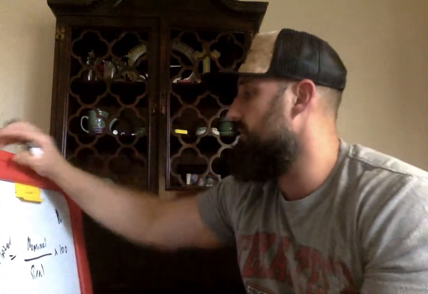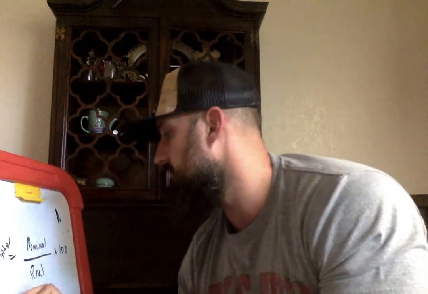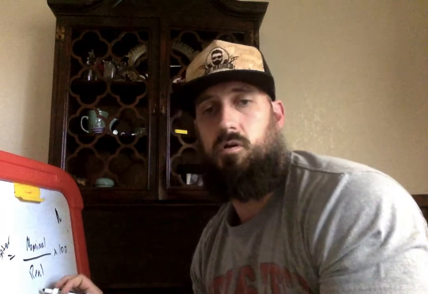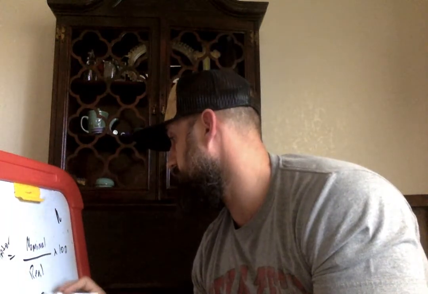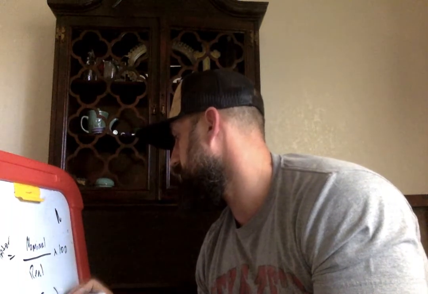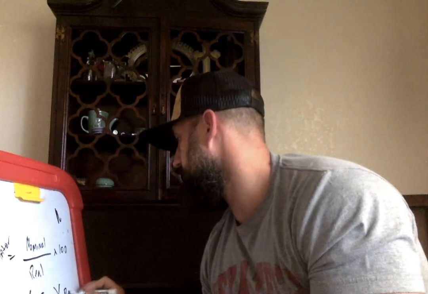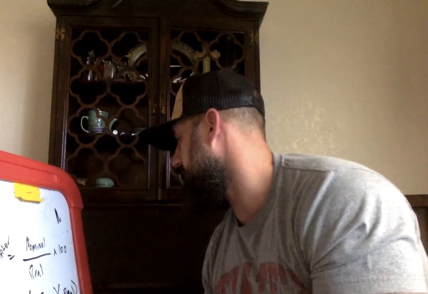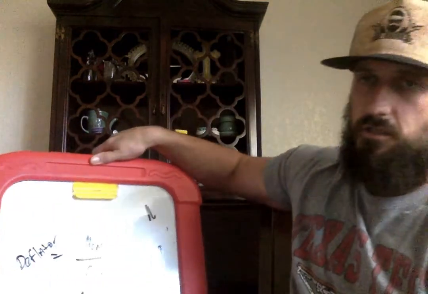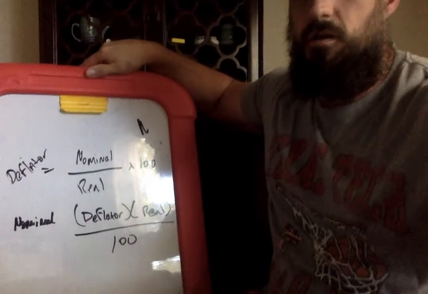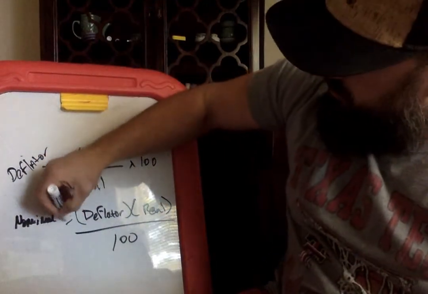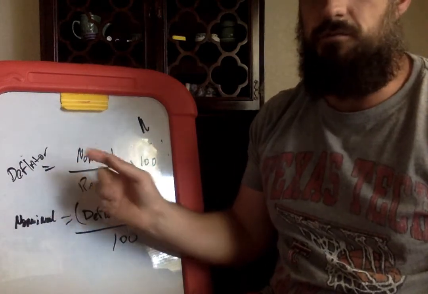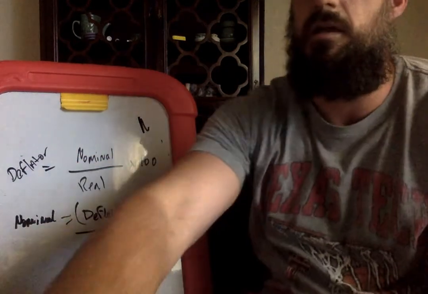Nominal GDP would be the deflator times real, over 100. And that's going to give you the nominal GDP. So here's the equation for the GDP deflator, and here's the equation for nominal GDP.